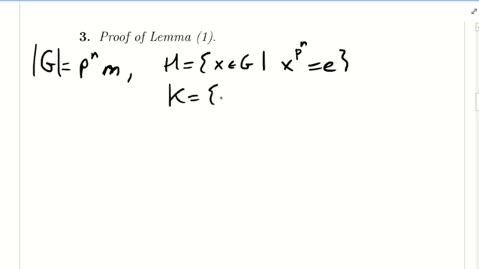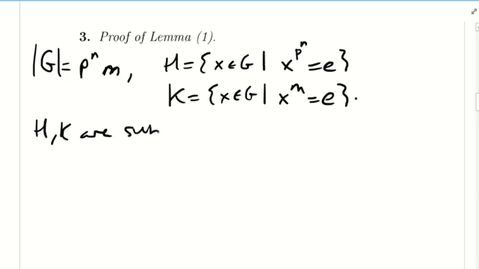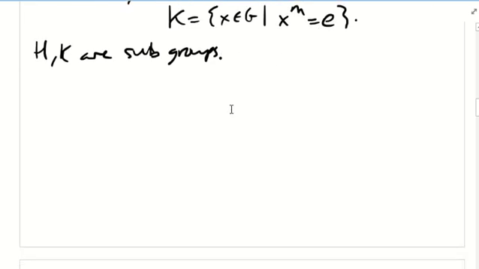K is anything in G that doesn't have that quality, basically. I'm just going to say that H and K are subgroups. You can use the 2-step criterion pretty easily to show that they are subgroups of G.